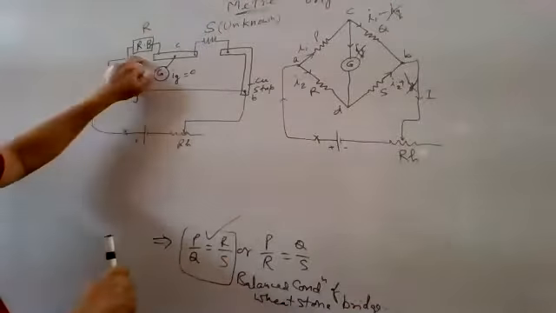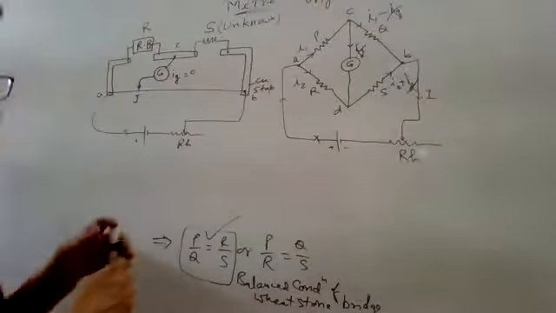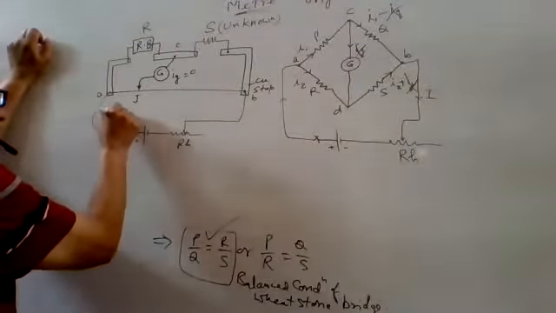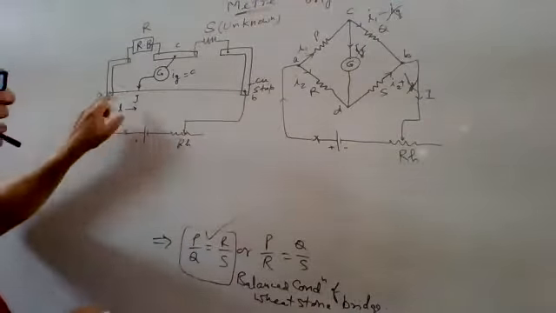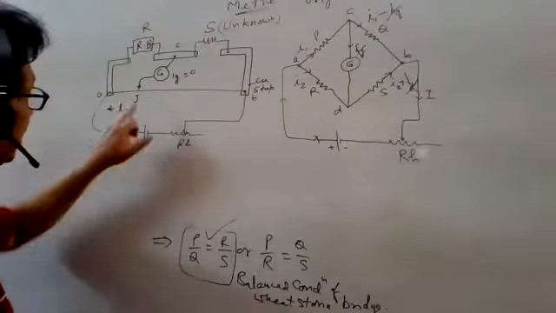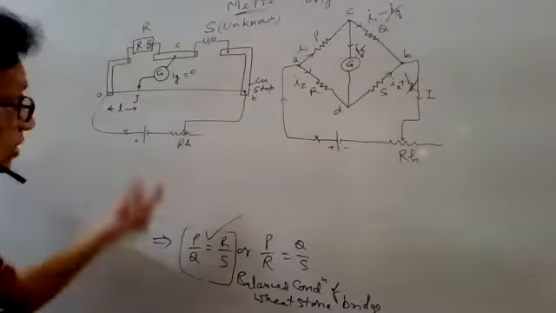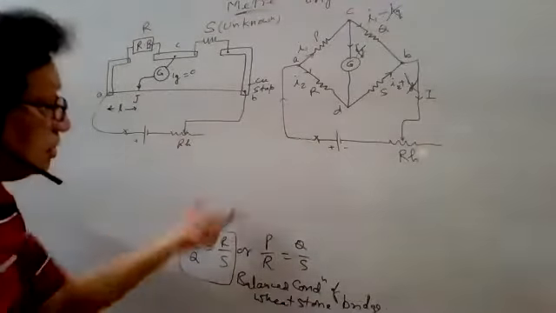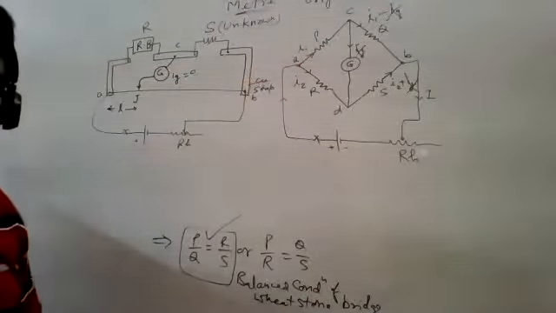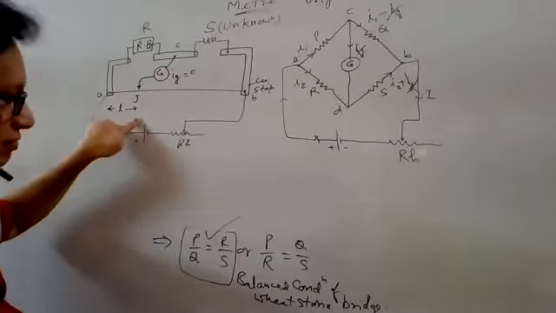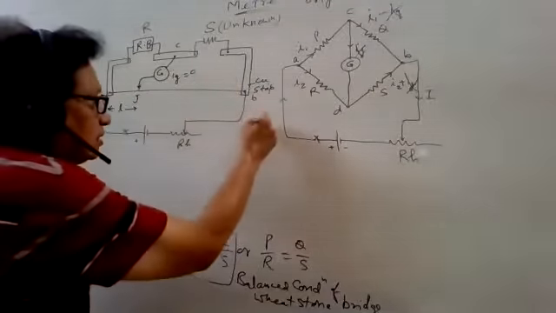Now R you know, S is what you want to find. But what is P here? Suppose L is the length from the left end A. At this point, we are getting the null point. So it is equal to P, or the resistance of this AJ wire. Let us now discuss this.